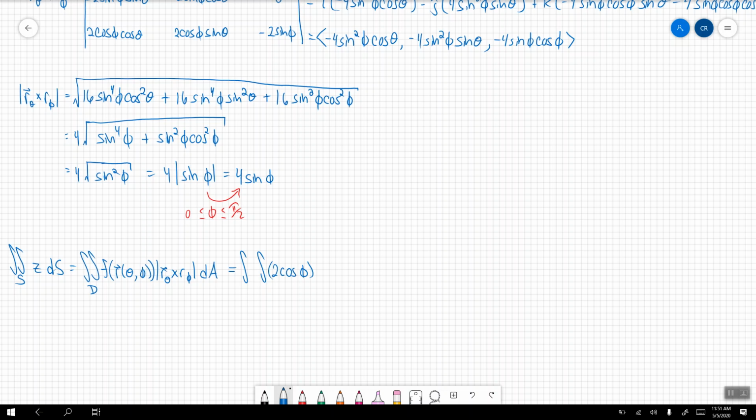So that's my z value. Now, I'm going to insert the magnitude of the cross product that I just found. That magnitude of the cross product is 4 times sine of phi.